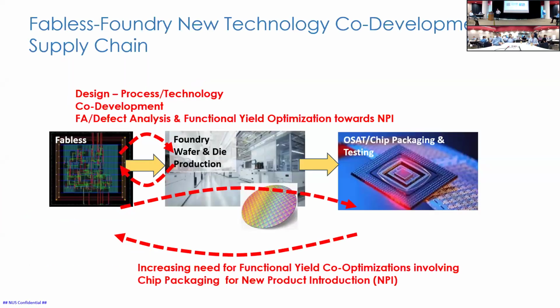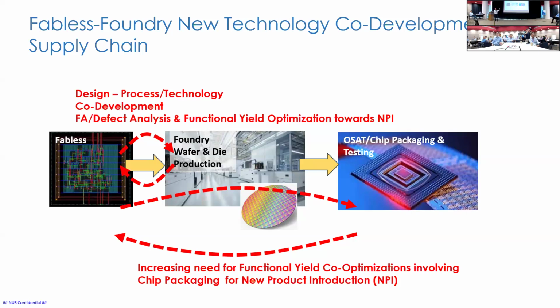So just to explain a little bit why this work is kind of important. I think folks who are in academia may not be fully aware of how the ecosystem for new product introduction happens. So typically you have a fabless company, which for advanced technology development works closely with a foundry, and then obviously the chip gets shipped to a chip packaging and testing facility.